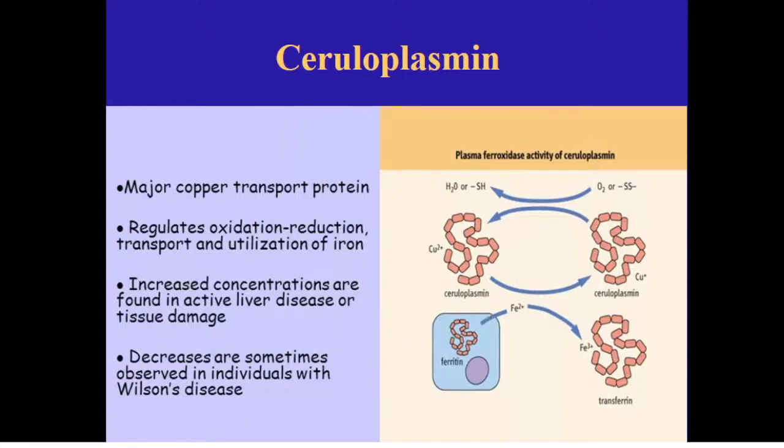It does not transport iron itself, but due to the oxidase activity, iron from the ferritin from the tissues can go to the transferrin, which interacts only with iron 3+, and ceruloplasmin is helping in this.